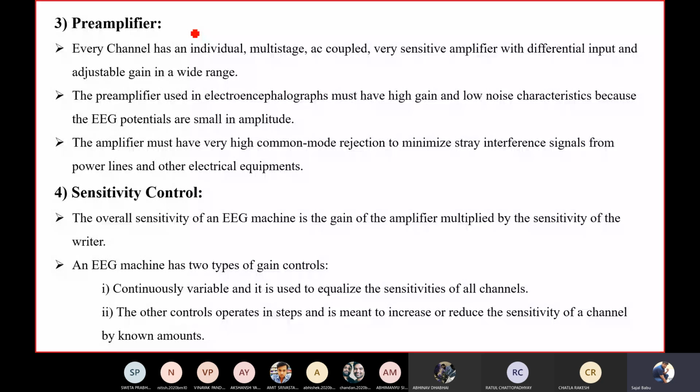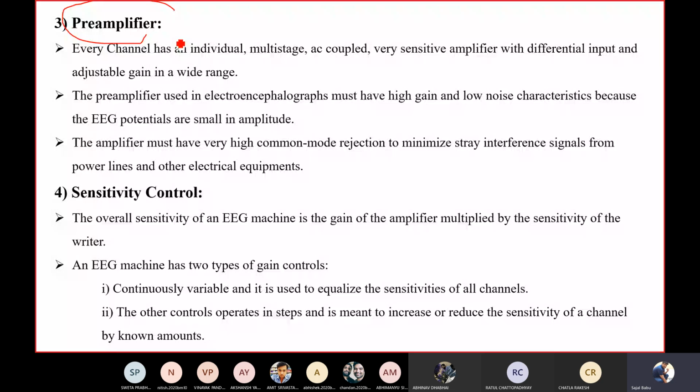We know that we are going to take the EEG signal in different channels. It may be 2 channels, 12, 16, 32, or 64. Every channel has an individual multi-stage, AC coupled, very sensitive preamplifier with differential input and adjustable gain.